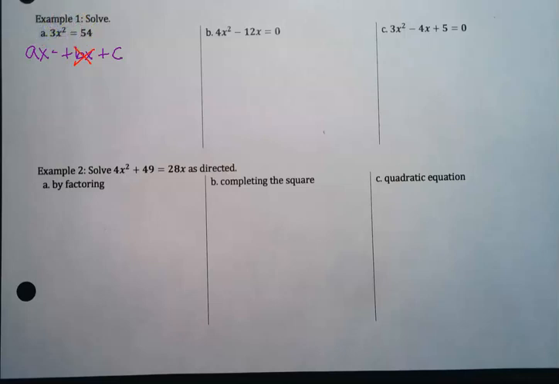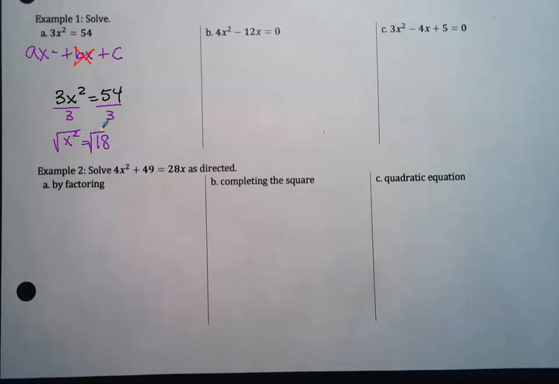So let's get started. We've got 3x squared equals 54. We can't take the square root until we have x squared by itself, so we're going to divide by 3. And we get x squared equals 18. Now we can solve by taking roots.